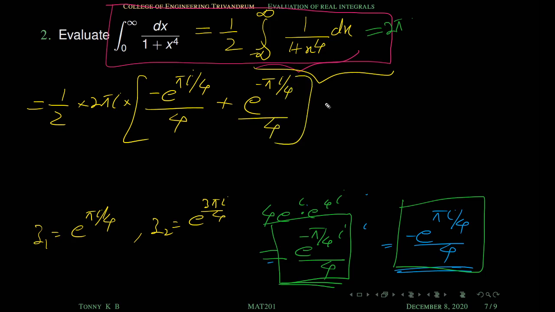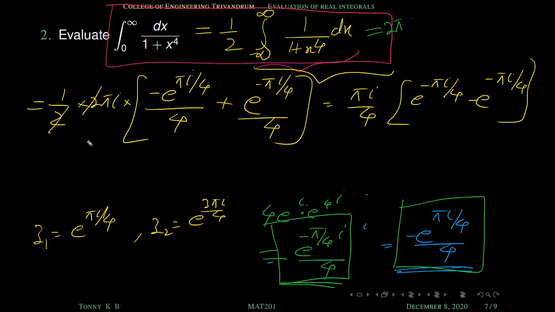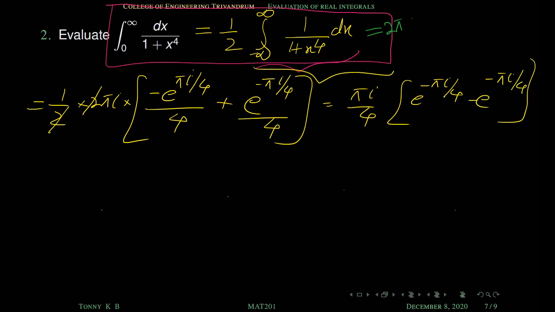So this is equal to, we can cancel these two, and one 4 is common, take it outside. So this is pi I by 4 times e raised to minus pi I by 4 minus e raised to pi I by 4. Sorry, this is minus e raised to pi I by 4.